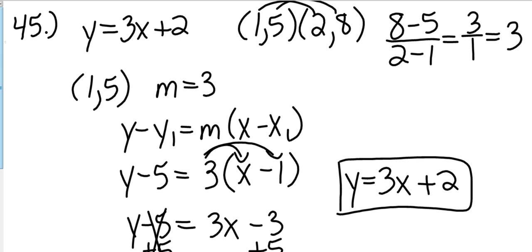Okay, let's move on to 46. Another word problem. We know that when we graph y equals mx plus b, our y-intercept is always fixed. Our slope goes up or down, but our y-intercept is always fixed.